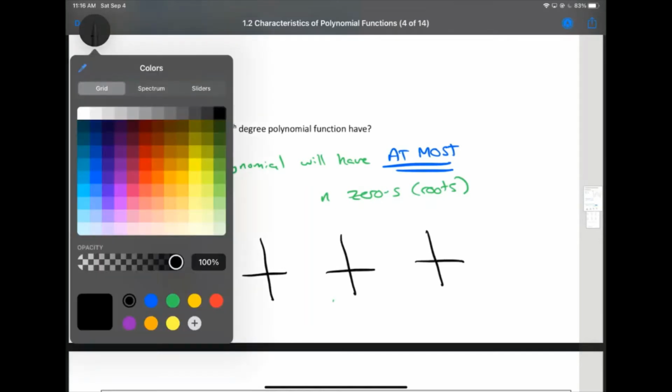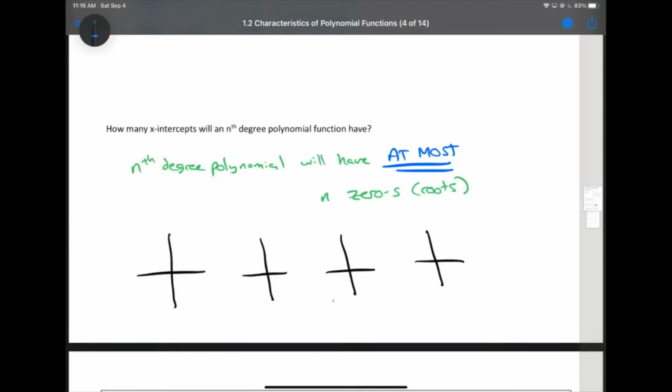Just to give you an example of a few, I'm going to draw a couple other quartic functions on there, because it's possible to have other quartic functions. Here's a quartic function that has no zeros, no roots. Here's a quartic function that has one root, two roots, three roots.